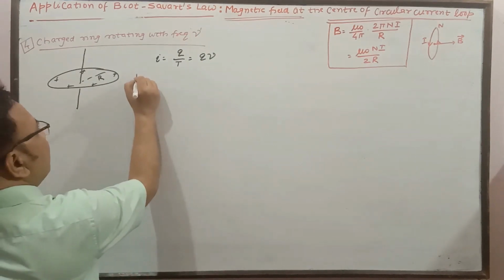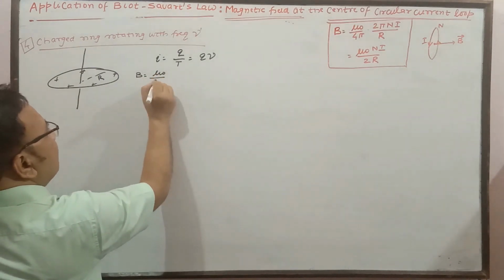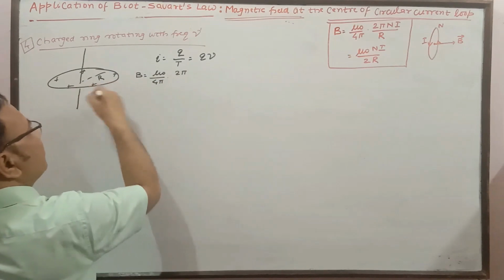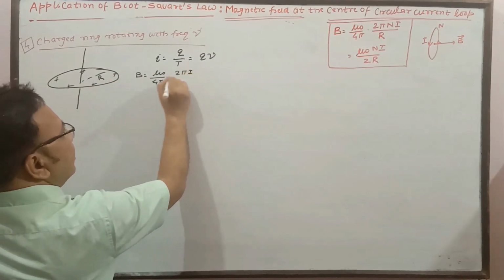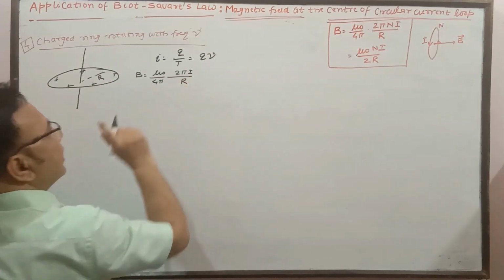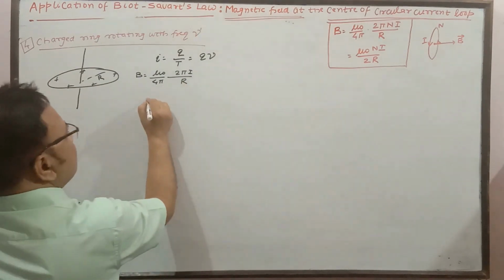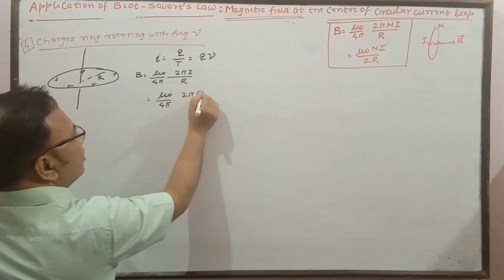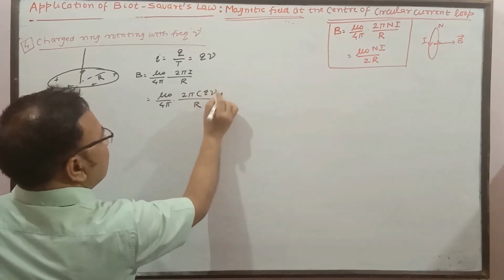You know the formula for magnetic field at the center. This is equal to mu naught upon 4 pi into 2 pi nI divided by r. If the number of turns n is 1, then you simply write I divided by r. Here I is equal to q into nu, so B is mu naught by 4 pi into 2 pi q nu divided by r.